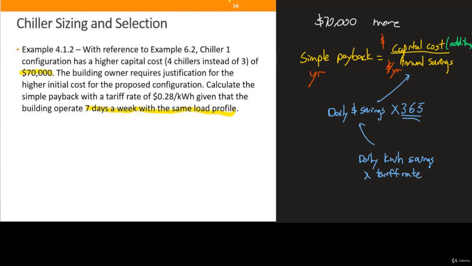So daily kilowatt hour savings is in terms of kilowatt hour, then tariff rate is in terms of dollar per kilowatt hour. So if you multiply out, you will get the daily monetary savings. Multiplied by 365 is your annual saving per year, and you will be able to work this backwards.